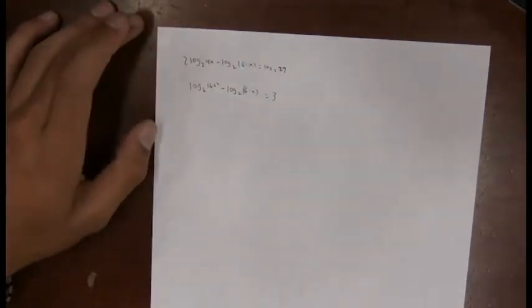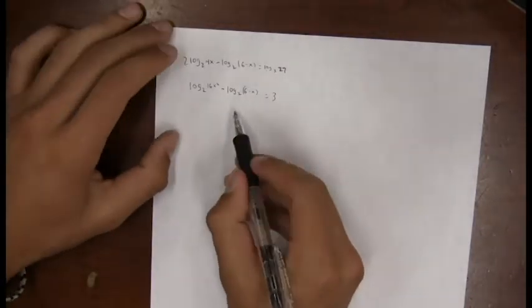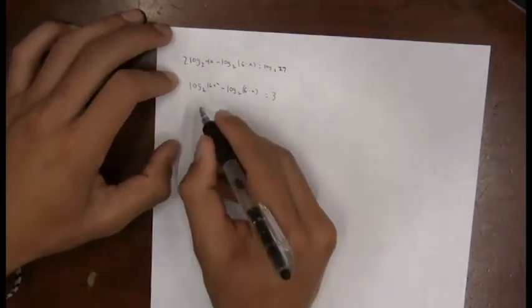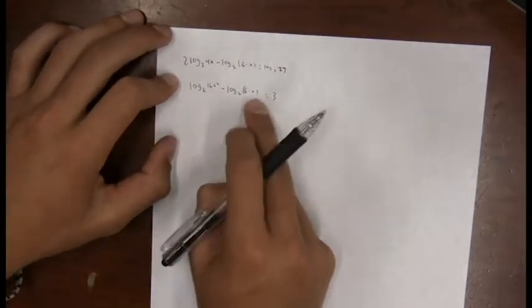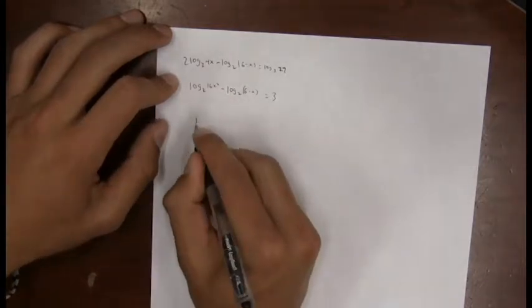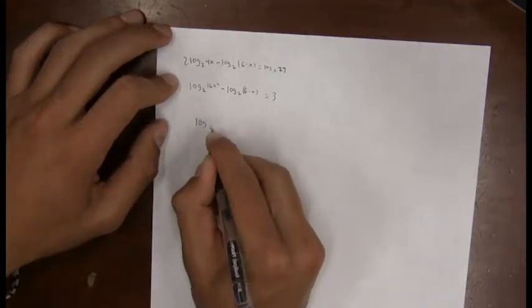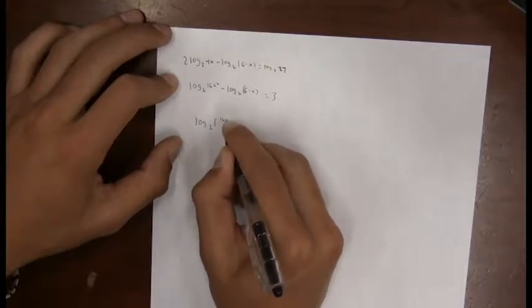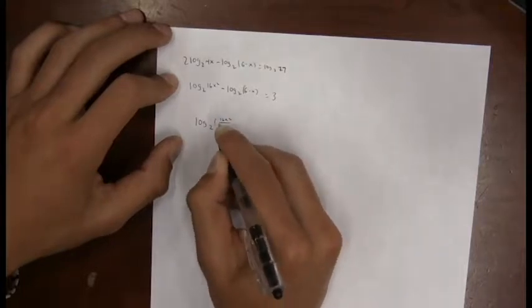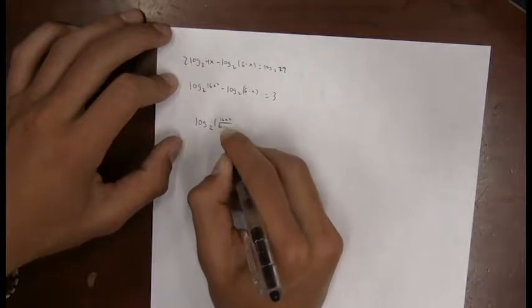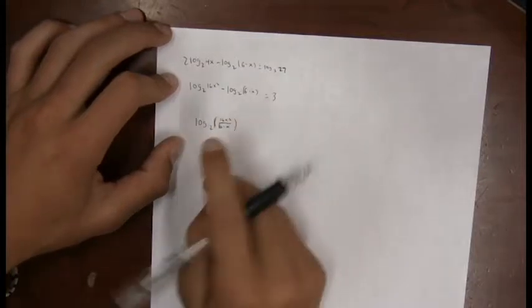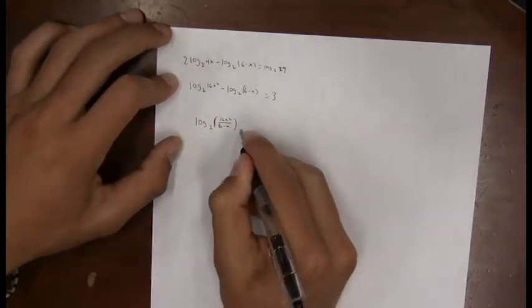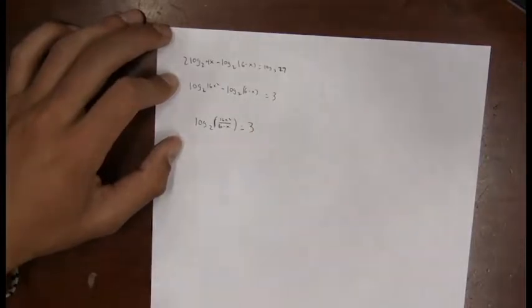Now we're going to use the subtraction of the logs rule, where you divide the two numbers here but keep the base, and so that ends up with log base 2 of 16x squared over 6 minus x, all in one log base 2, and then equals 3.